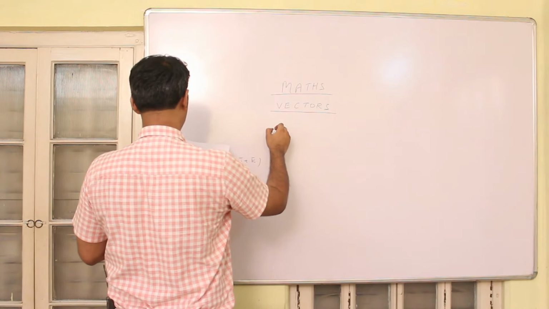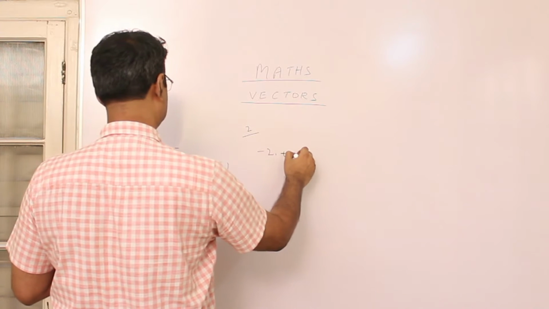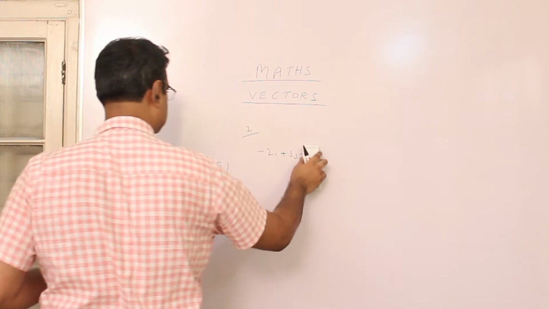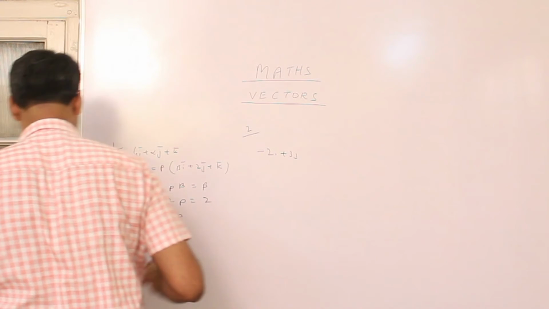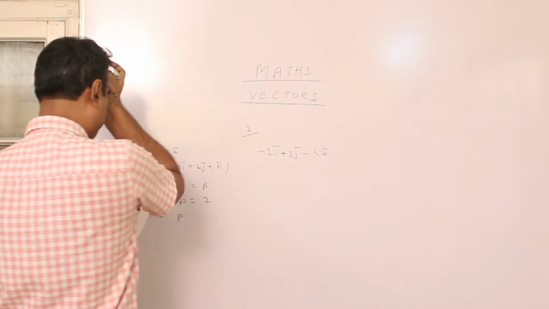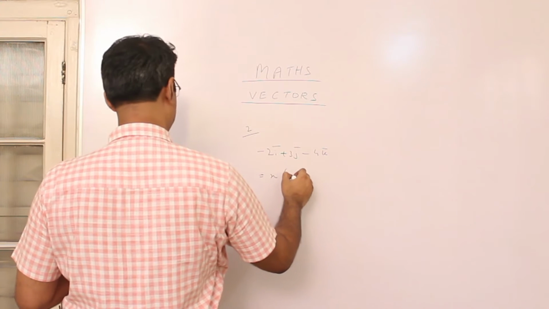Now let's have a look at question number 2. Now in question number 2, it's telling that there are three vectors and you're supposed to prove that they are coplanar.